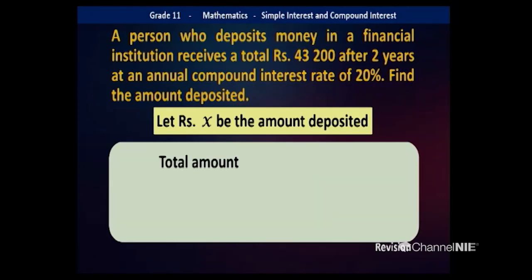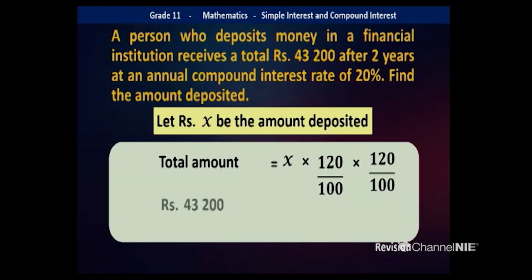Then based on that we can calculate the total amount. I told you that short method, one line calculation, x into 120 upon 100, again 120 upon 100. Then you should get the total amount. Unknown amount x means the principal amount they ask us. In the question they have given 43,200 as the total amount.